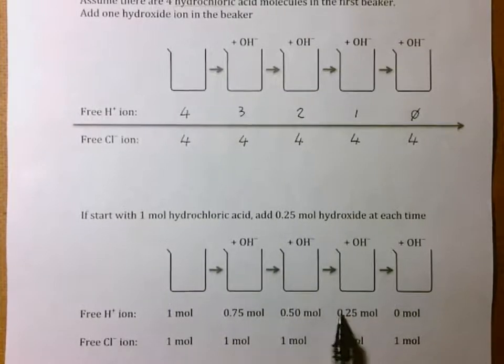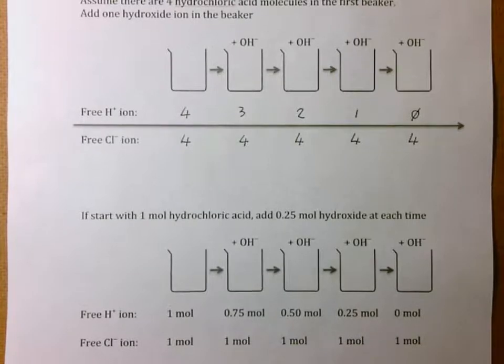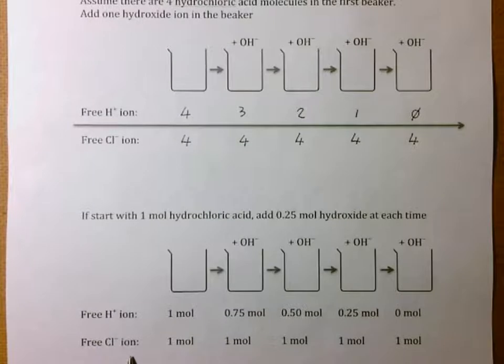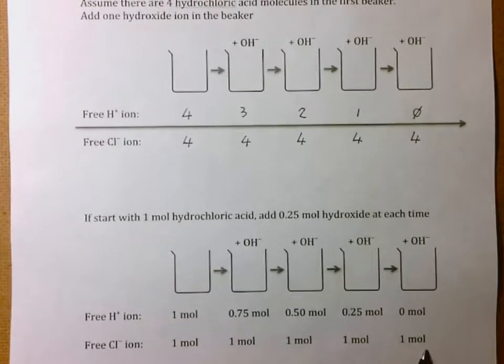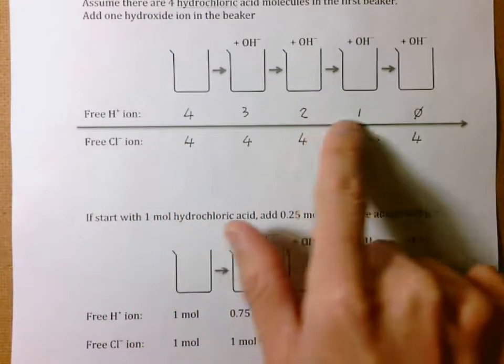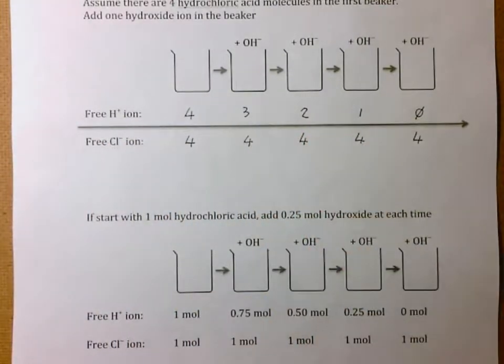And you see it gradually reduce, eventually go to 0. For the free chloride ion, they never change, because they're spectator ions, so they don't do anything, just sit there from the beginning. That is how strong acids react with strong base. The ions are free, hydroxide just comes in and grabs the H plus.